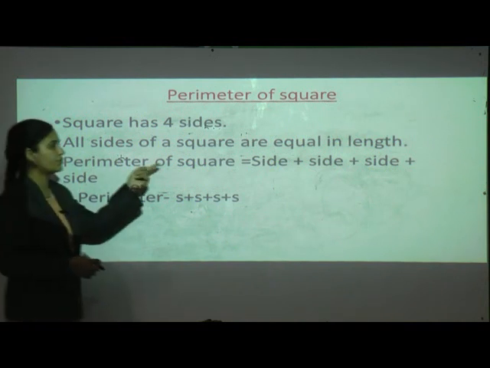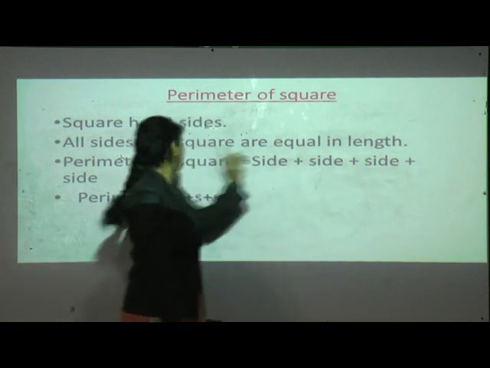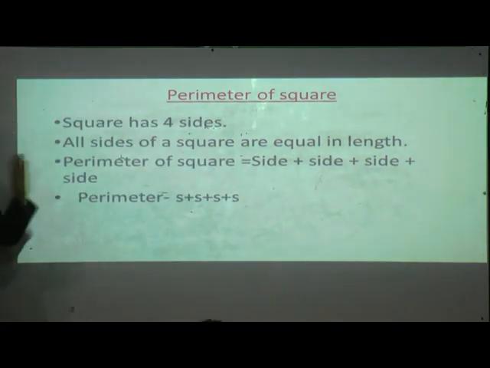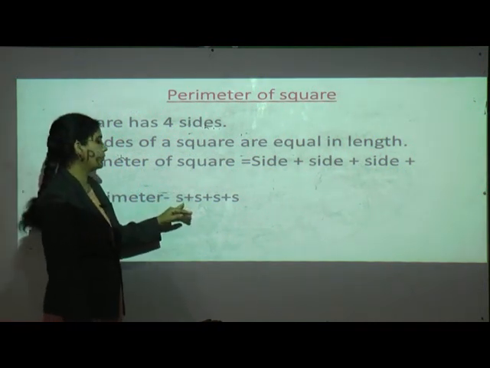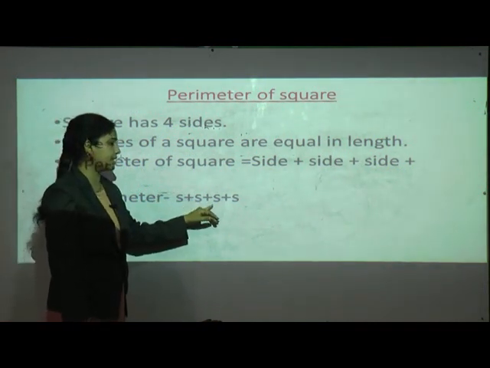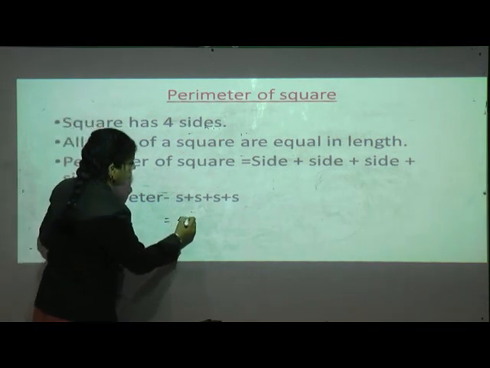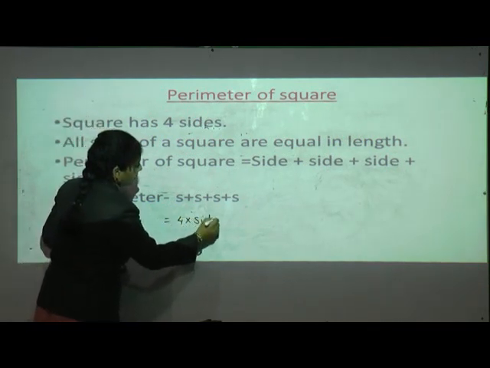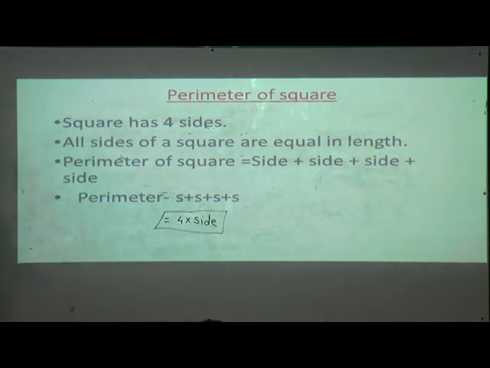That's why perimeter of a square is equal to side plus side plus side plus side. That means 4 times side. So perimeter of a square is equal to S plus S plus S plus S. That is equal to 4 multiplied by side. This is the formula of the perimeter of a square.